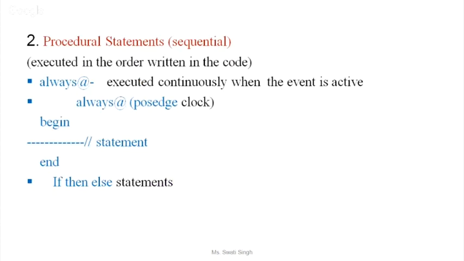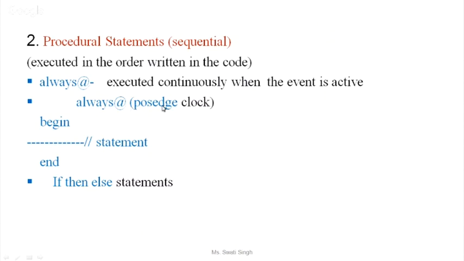Second one is procedural statement, sequential statement. In sequential statements, code is executed in the order written. Here we use always @. Always @ means executed continuously when the event is active. Whenever your event is active, this statement will begin, as you see in this example.